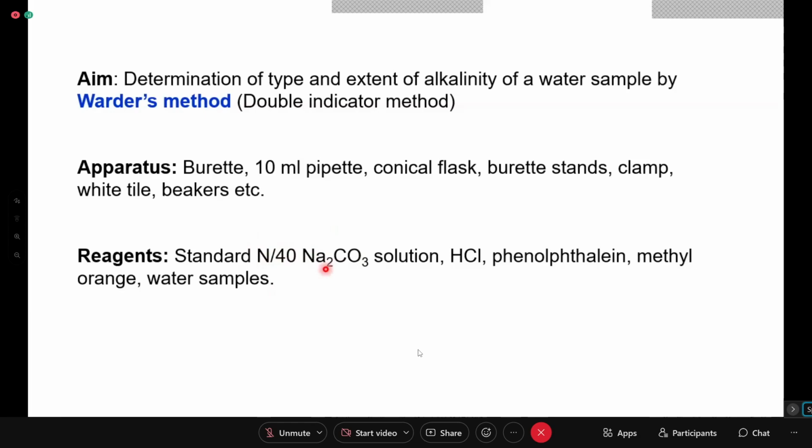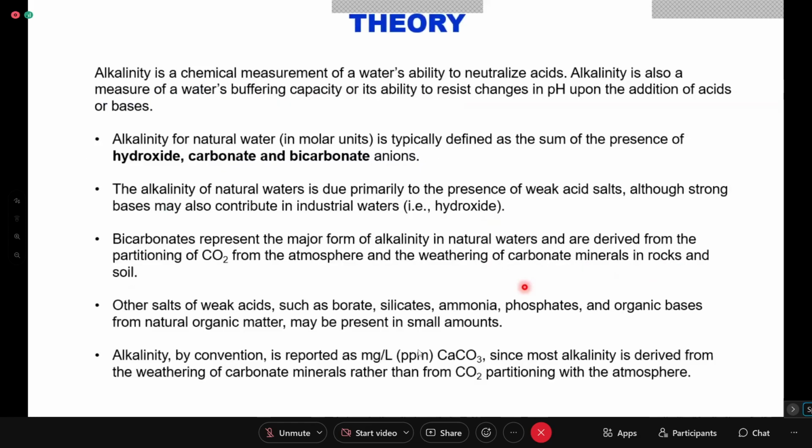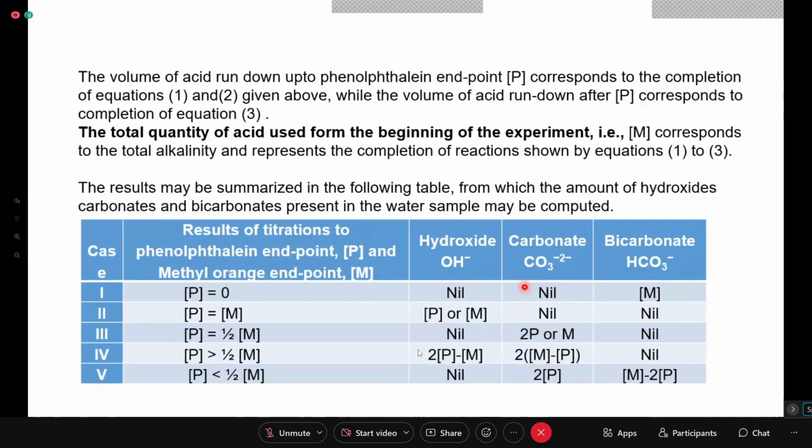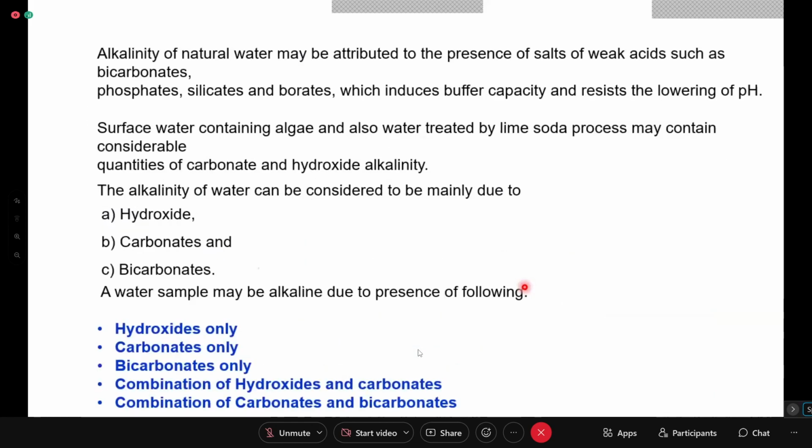So that is the difference. This being a solid base, it is used as a primary standard to standardize the HCl. You have phenolphthalein and methyl orange as 2 indicators. All these things we have seen. Coming to this table, now, how to get this table?